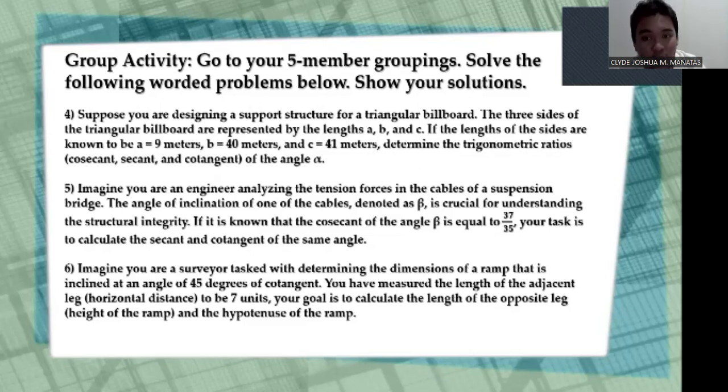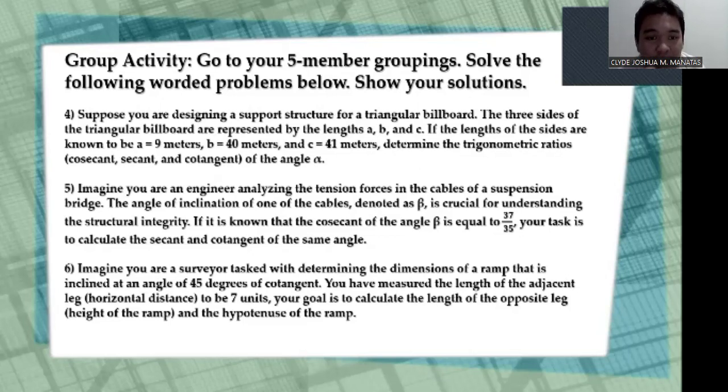Very good. It's 12. Now let's use them all to find the secant and cotangent. So secant beta is equal to 37 over 12.